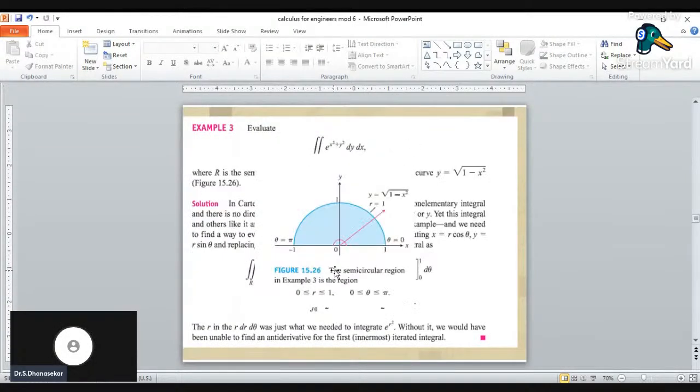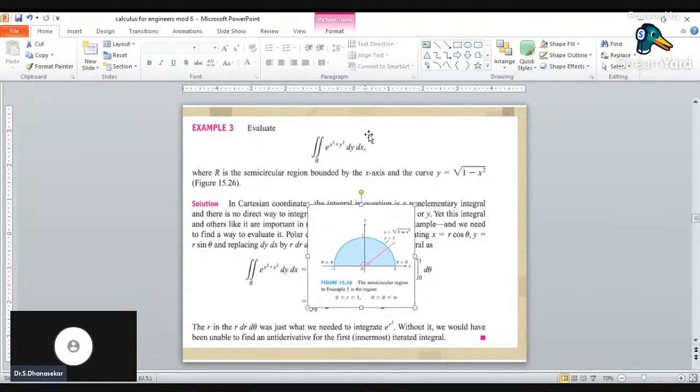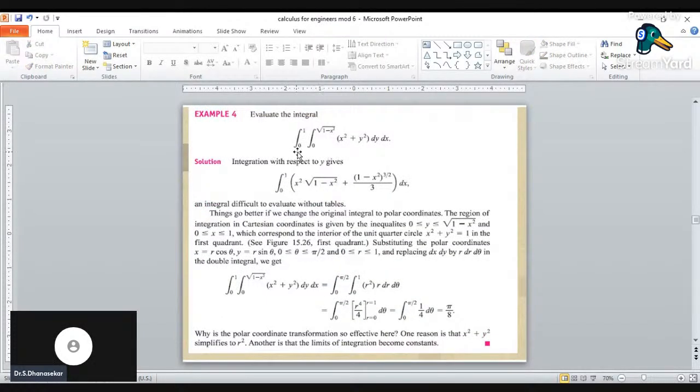You can go for polar coordinates when you have this kind of thing. For example, this is given as a semicircle. See that the limit is 0 to 1, and also you will have x square terms and all that. So we can change these things into polar coordinates.